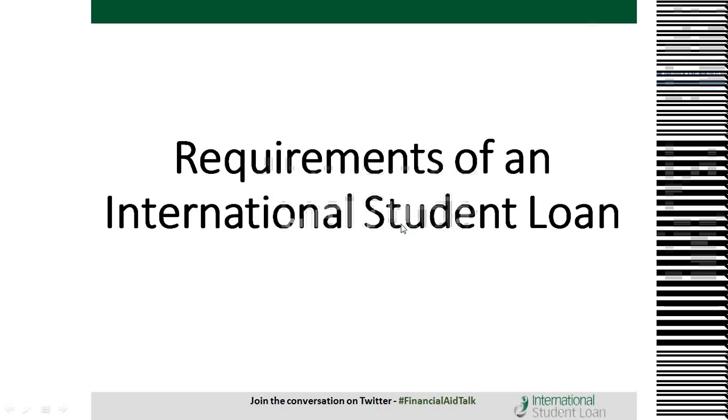We have another question about getting a cosigner, and the question is, how can I get a cosigner? Getting a cosigner for a lot of international students is difficult, especially if they don't have ties in the U.S. You would need to have a U.S. cosigner, as I mentioned before, and that can be a family member, a friend, a friend of a friend, basically anyone who meets the qualifications that is willing to sign your application.